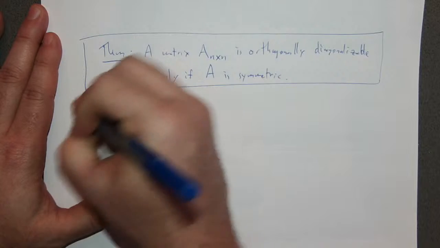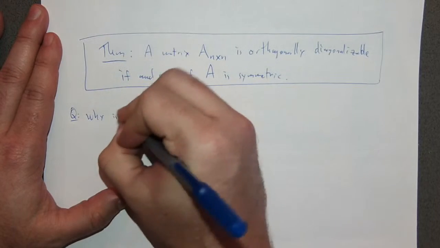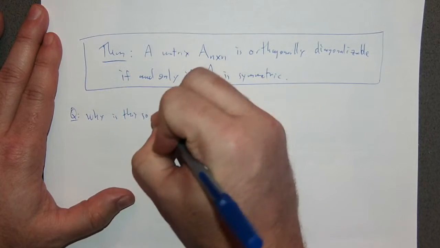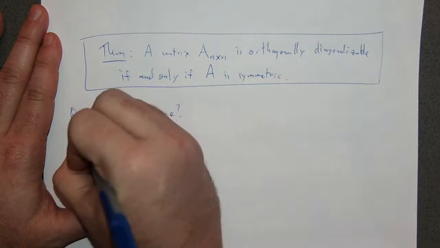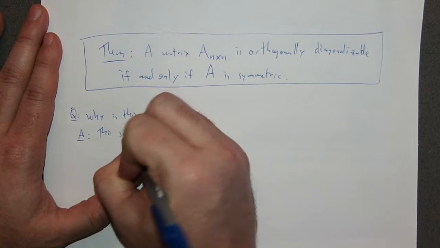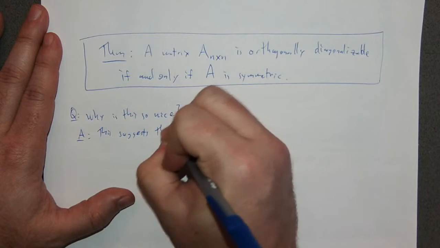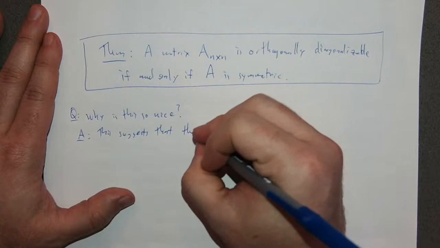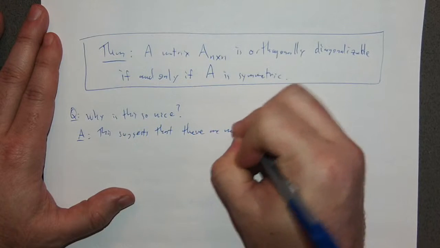So maybe I'll state this. So why is this so nice? The answer is this suggests that there are matrices.